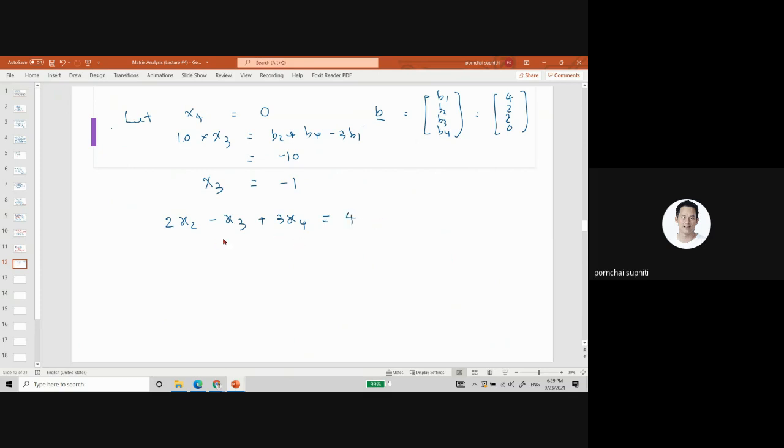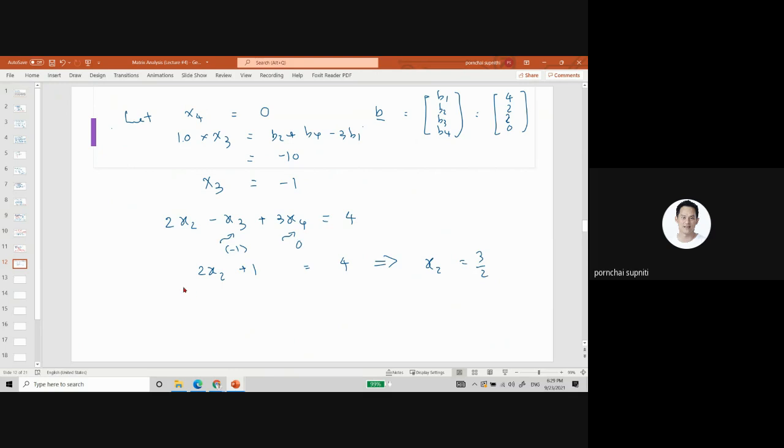So we replace x3 as minus 1 and x4 as 0. So we will have 2x2 plus 1 equals 4, or x2 is equal to 3/2.